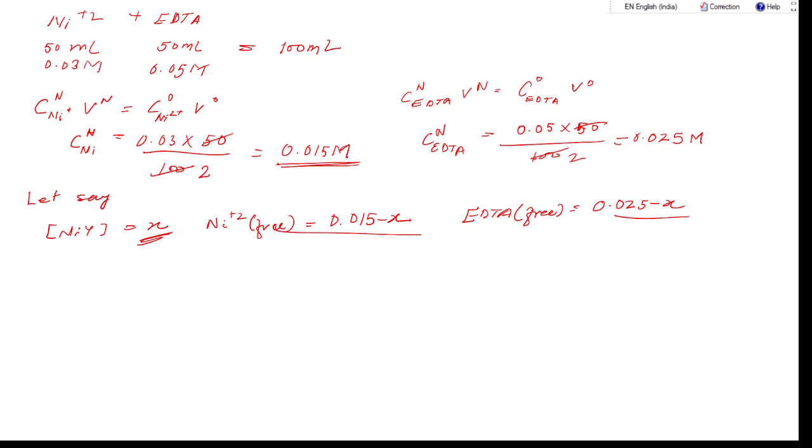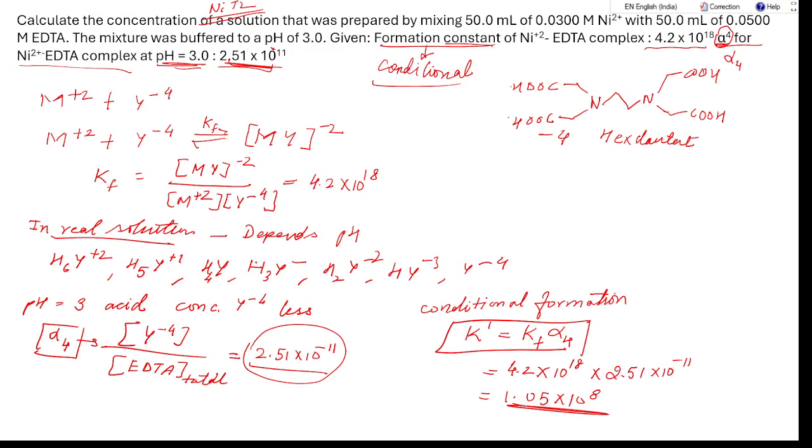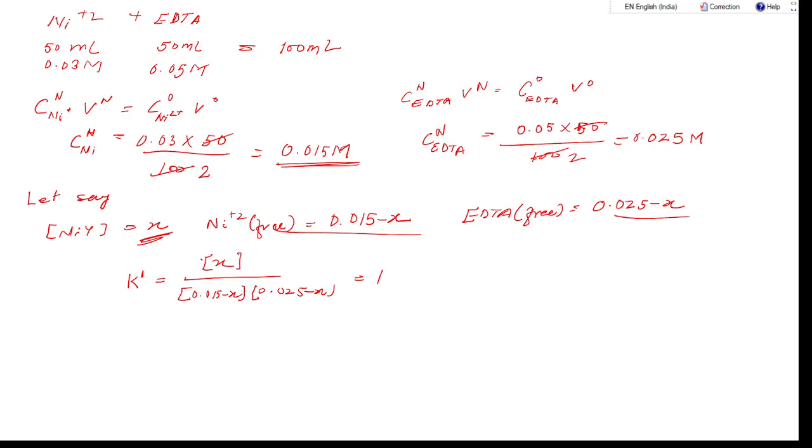And if we think of the new conditional formation constant, this is the symbol for the new conditional formation constant, and if we put in the values, concentration of complex divided by concentration of nickel ion, 0.015 minus X, and concentration of EDTA, 0.025 minus X, this is going to give you the same value that we are getting from here, 1.05 into 10 to the power 8.